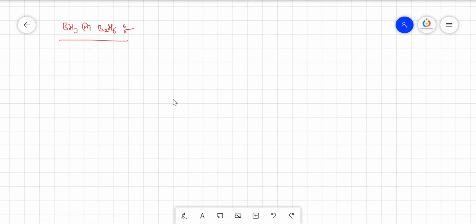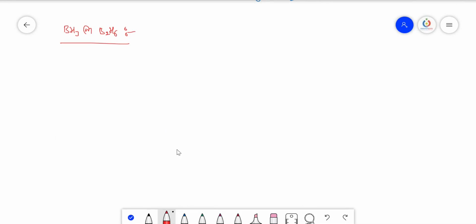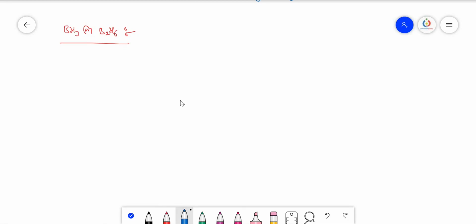So how is this particular reagent helpful in getting the alcohols? It is very simple, it mainly reduces the carboxylic acids and esters. This is a selective reagent. So wherever carboxylic acid and esters are there, only these two will be converted to the respective alcohols by diborane BH3.